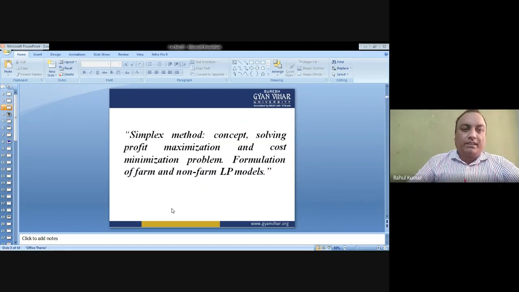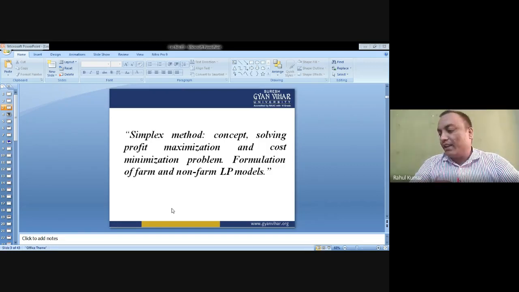The simplex method gives the concept of solving profit maximization and cost minimization problems. Similar to the graphical method, it can also solve maximization and minimization problems.